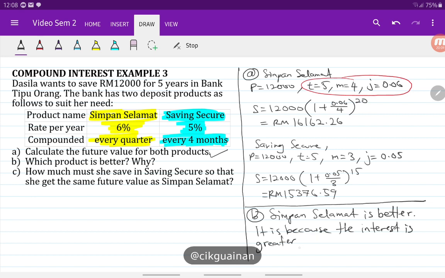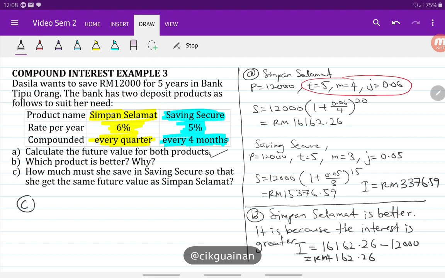If you take the 16,162.26 and minus 12,000, you get 4,162.26. Whereas if you get the interest from Saving Secure, you minus 12,000, you merely get 3,376.59. So the interest is way less.